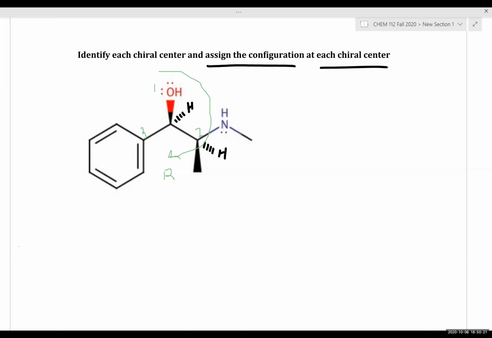And for those who would prefer to type in the chat, I'd like to see your proposed stereochemistry assignments in the chat for each of these two stereocenters.